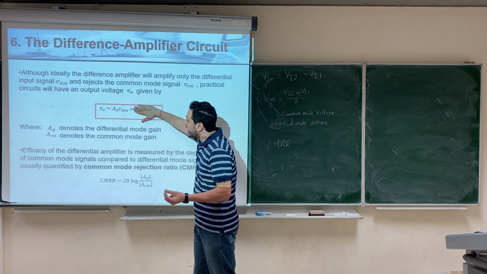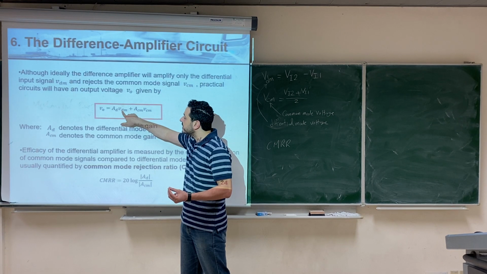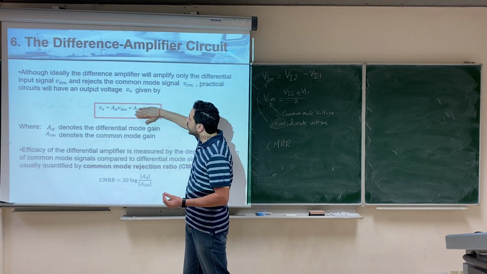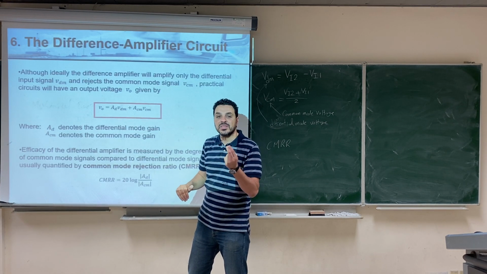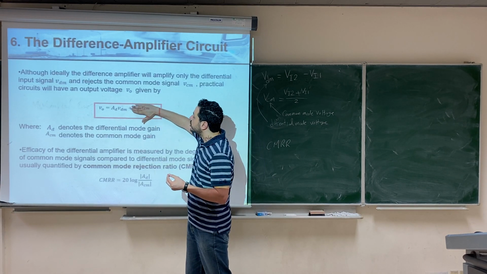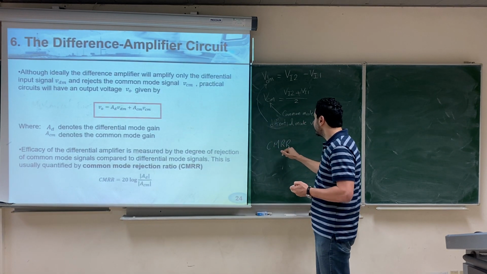Because as I said, the main goal was to maximize only the differential mode, the difference between the two sources. So they measure how good this difference amplifier is by measuring how much it rejects this term, the common mode rejection ratio.